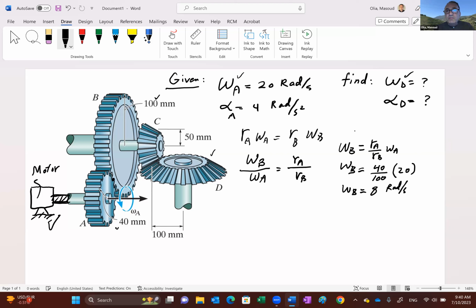So we could do the same thing for alpha. It's the same exact relation. You match the tangential acceleration at the contact point, tangential acceleration being R alpha.